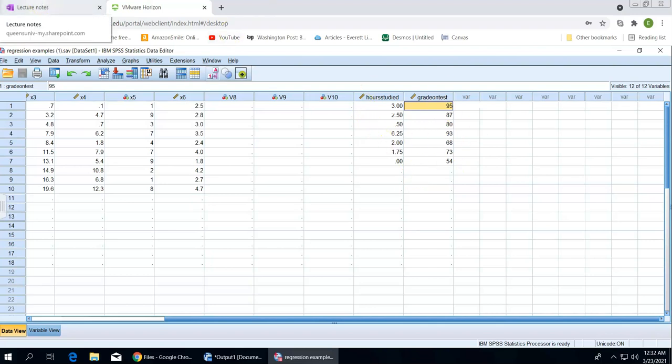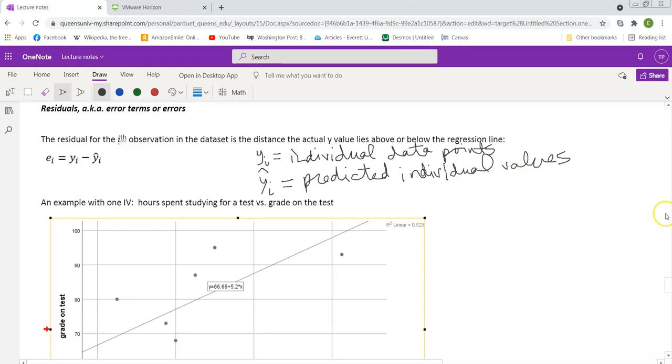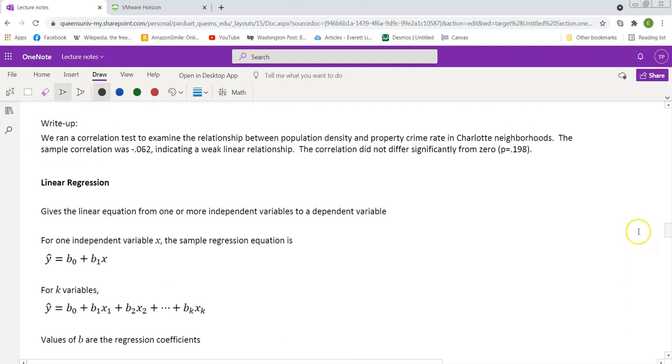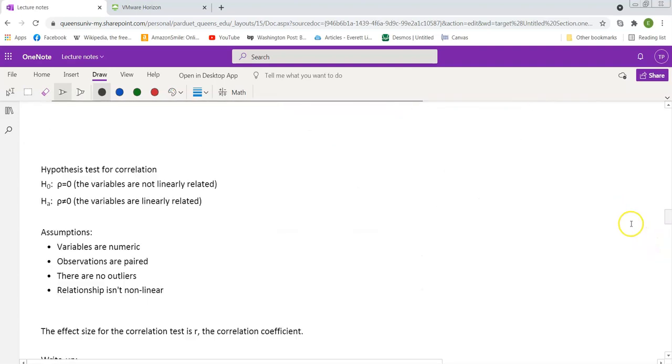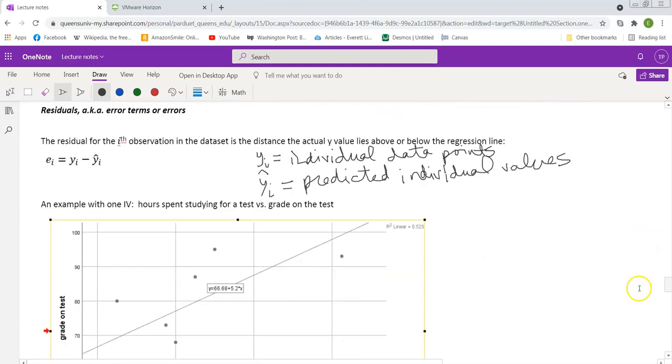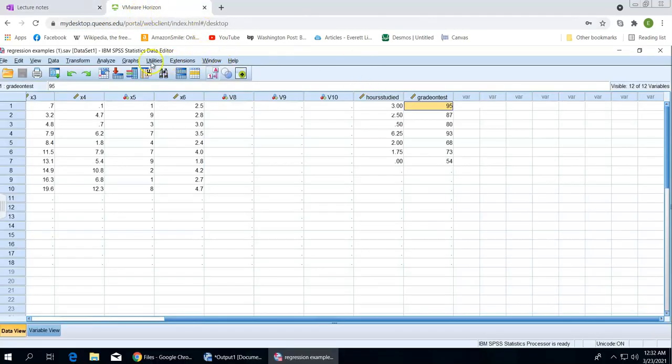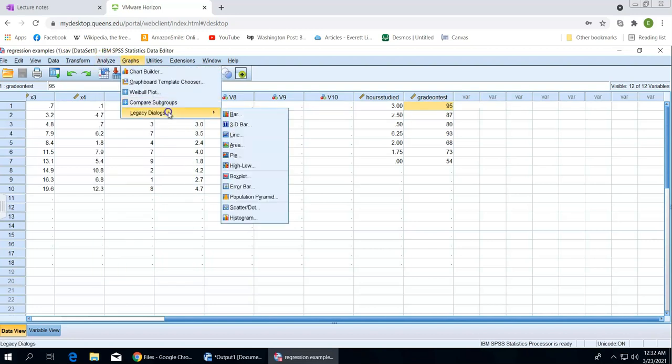So if we go make a scatter plot, I showed you how to do that last class.